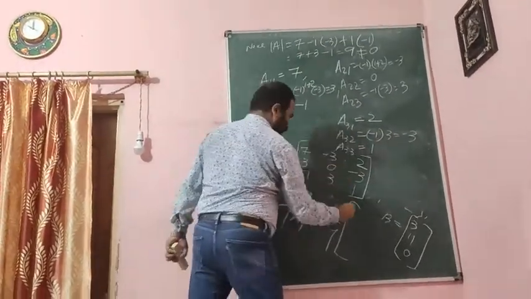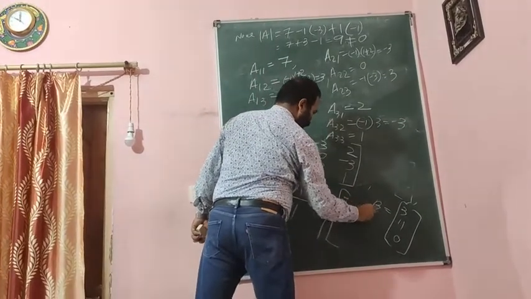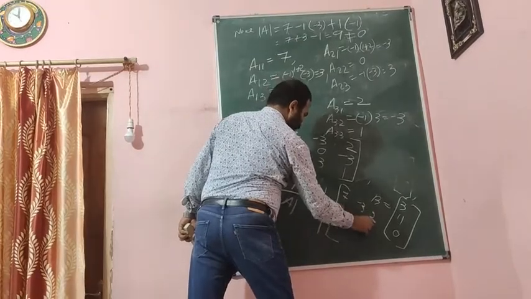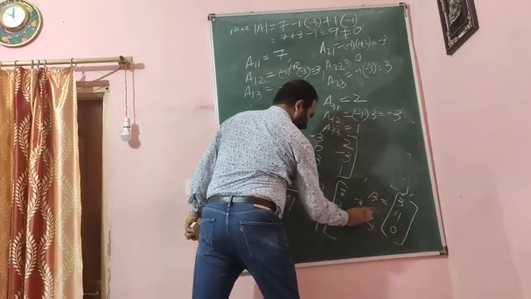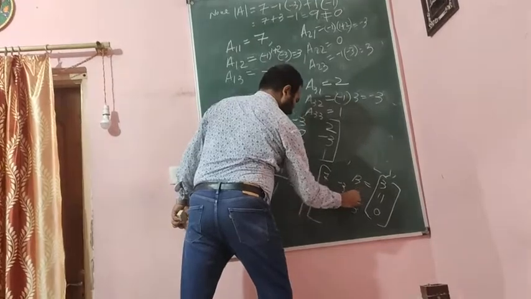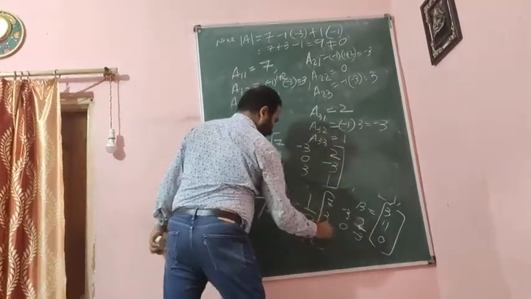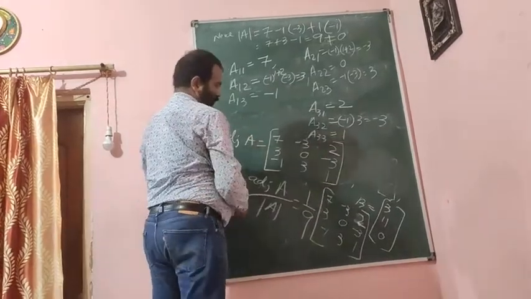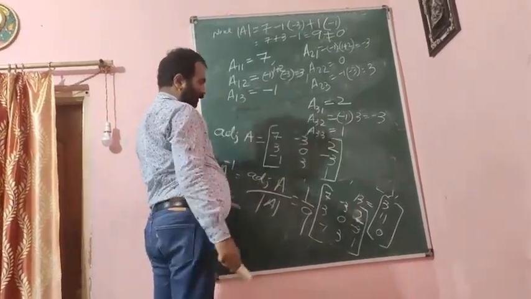You write these things: here 7, minus 3, 2, and here 3, 0, minus 3, minus 1, 3, and here 1. Okay, this is A inverse.